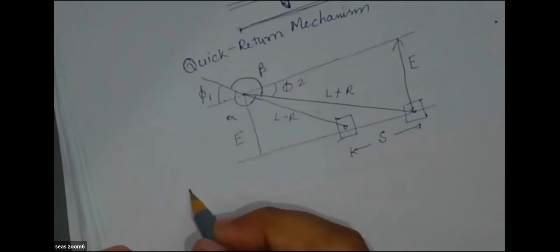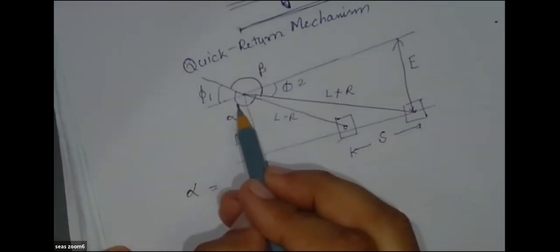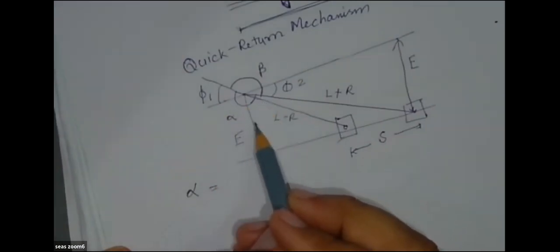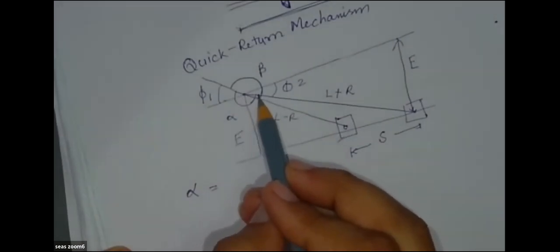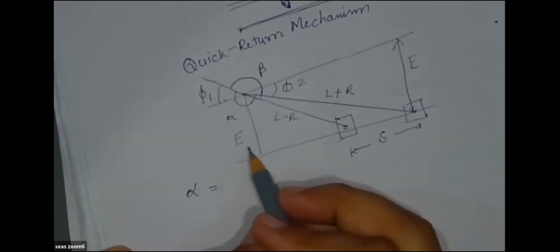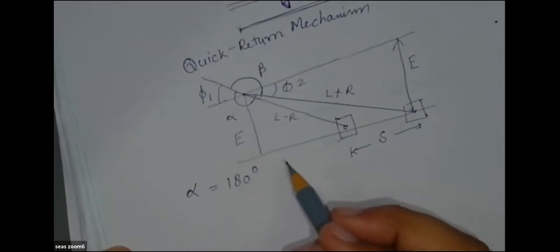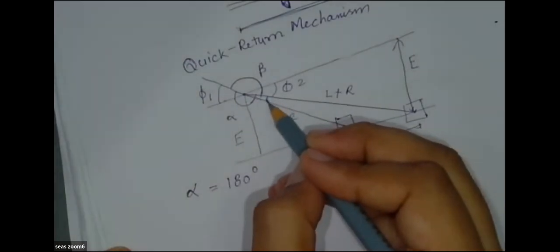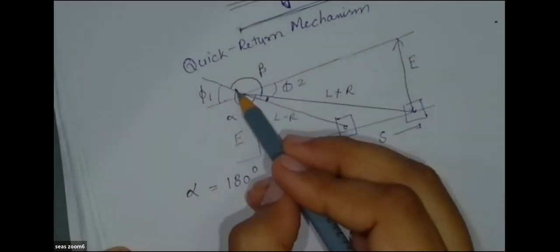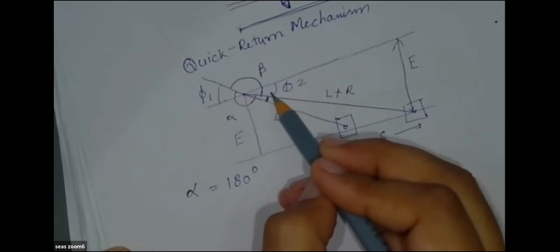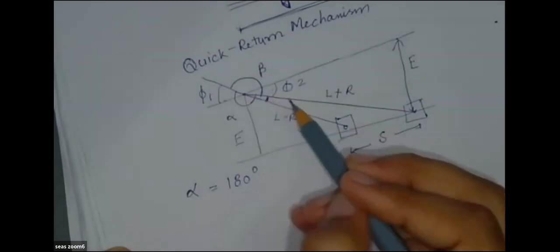What is alpha here? Alpha is from this point to this point, that is total cutting stroke or total cutting angle, and this is nothing but 180 degree plus this angle. ये कितना हो जाएगा? See, this is phi 1, so this is phi 1 minus phi 2.